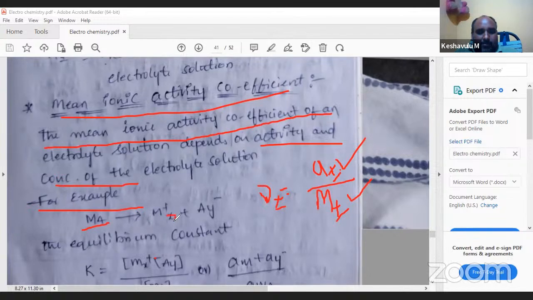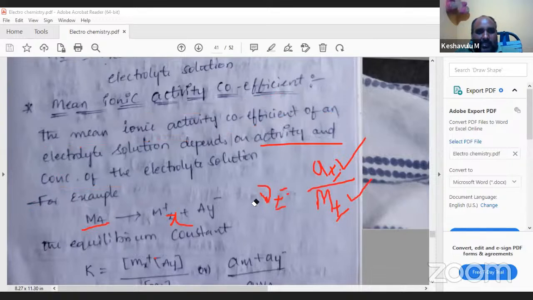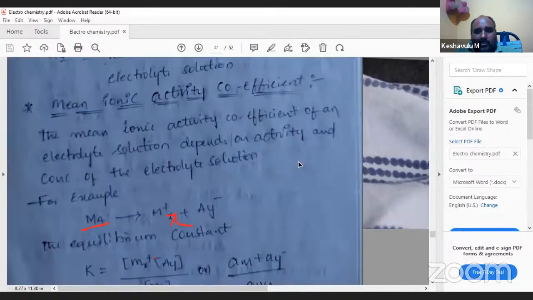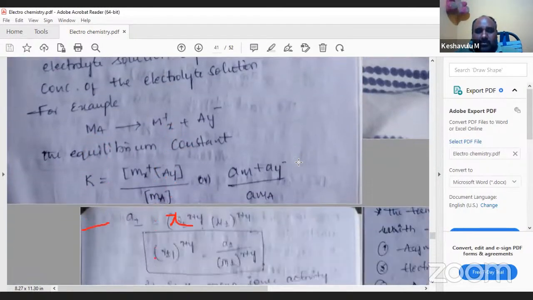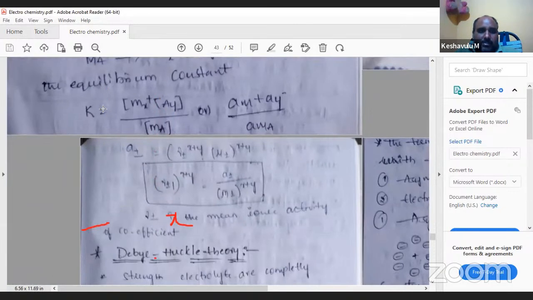The number of moles of M is denoted with X, and the number of moles of A is denoted with Y. So we can write the equilibrium constant for this reaction. What is the equilibrium constant? The product concentration by reactant concentration. Here the products are M plus and A minus, divided by the MA concentration.